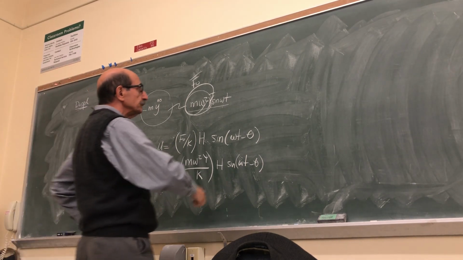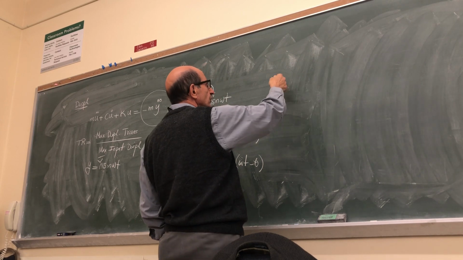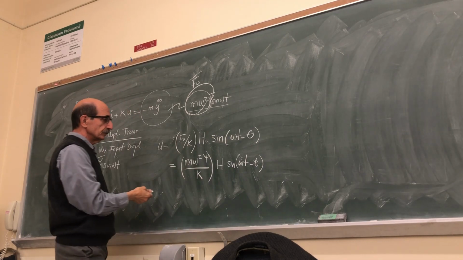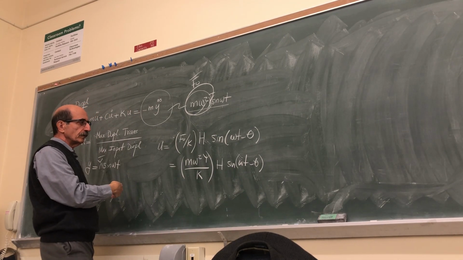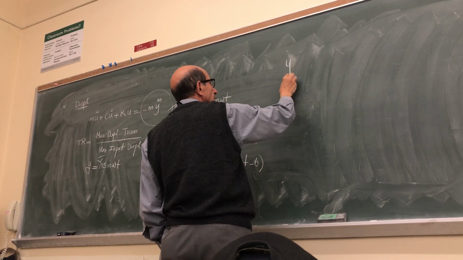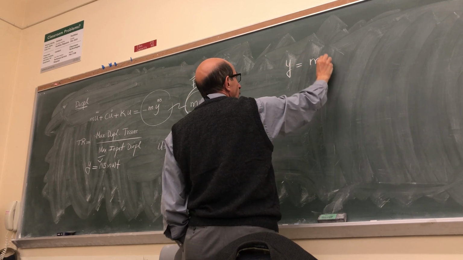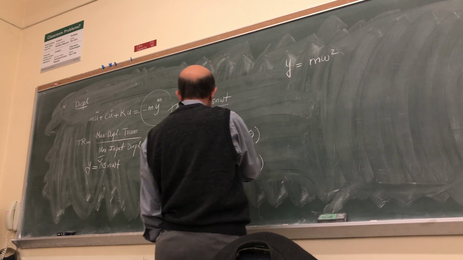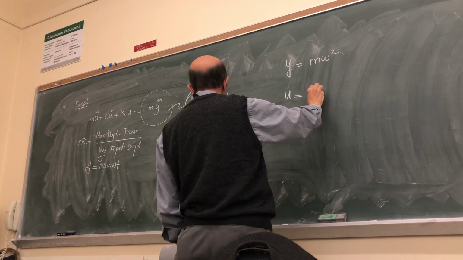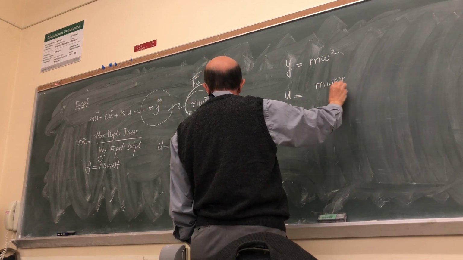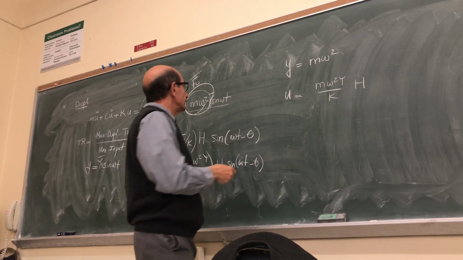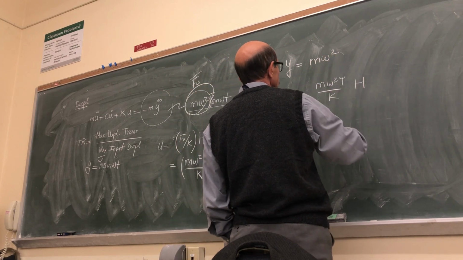So if you add these up, you find the maximum displacement transmitted to the system, which would be the displacement due to y, which is m omega squared, and the displacement due to u, which is m omega squared y over k times h. So this is the summation of these two.